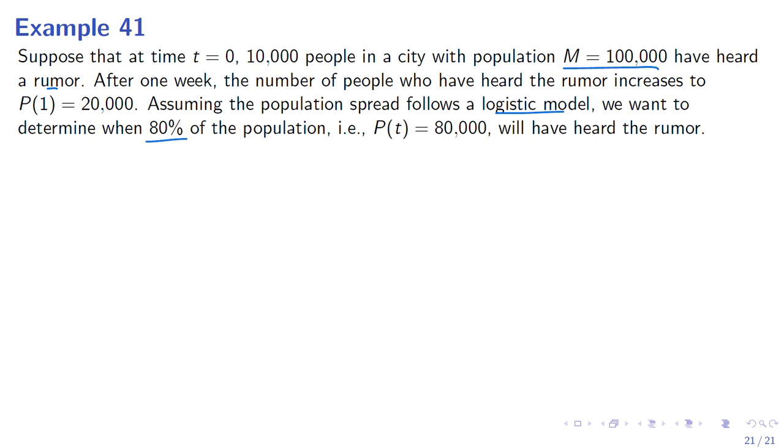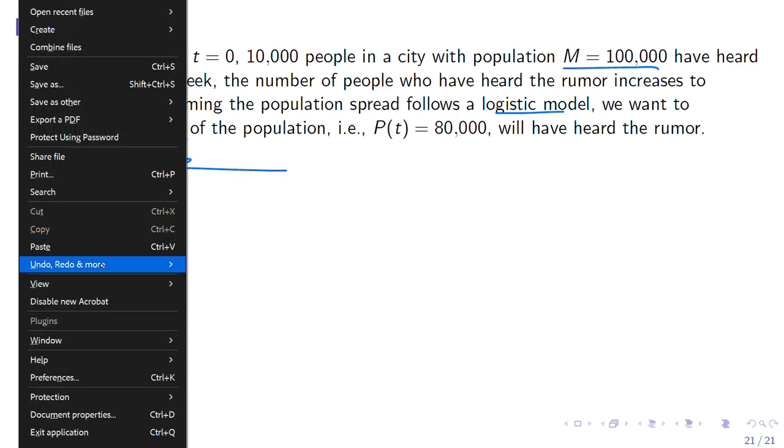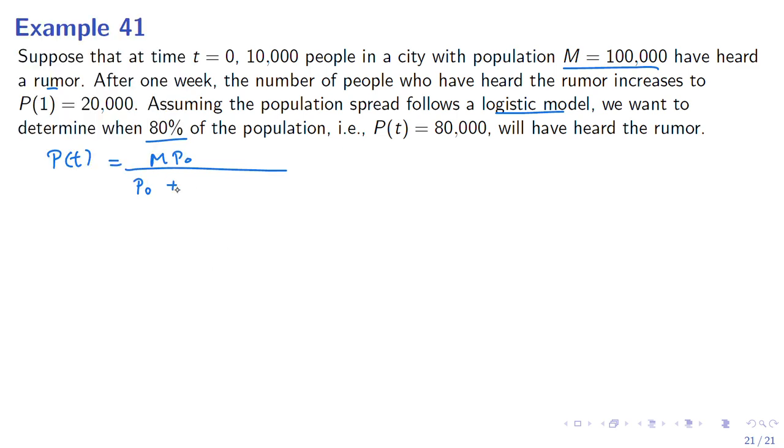Okay, so we're going to start with the logistic population model: P of T equals M P naught divided by P naught plus M minus P naught e to the minus K M T. So that's how we use that.